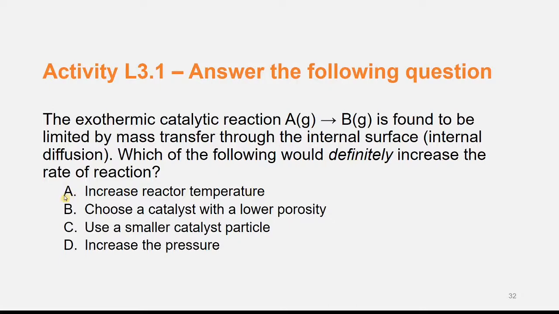A, increase the reactor temperature. B, choose a catalyst with a lower porosity. C, use a smaller catalyst pellet. Or D, increase the pressure. Pause the video now and think about each of these options and how they affect the rate of reaction.